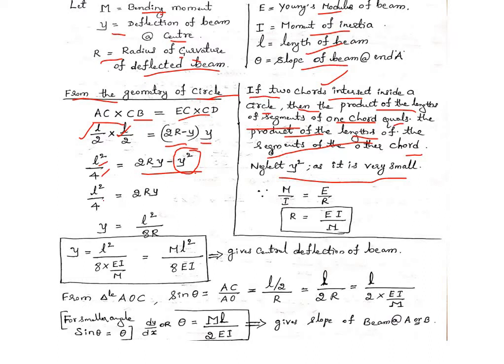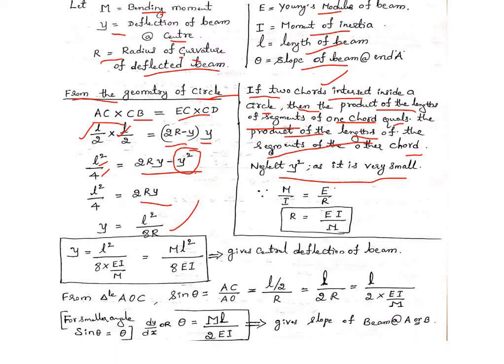Then L square by 4 equals 2RY. Y is nothing but the deflection of the beam. Y is equal to L square by 8R.